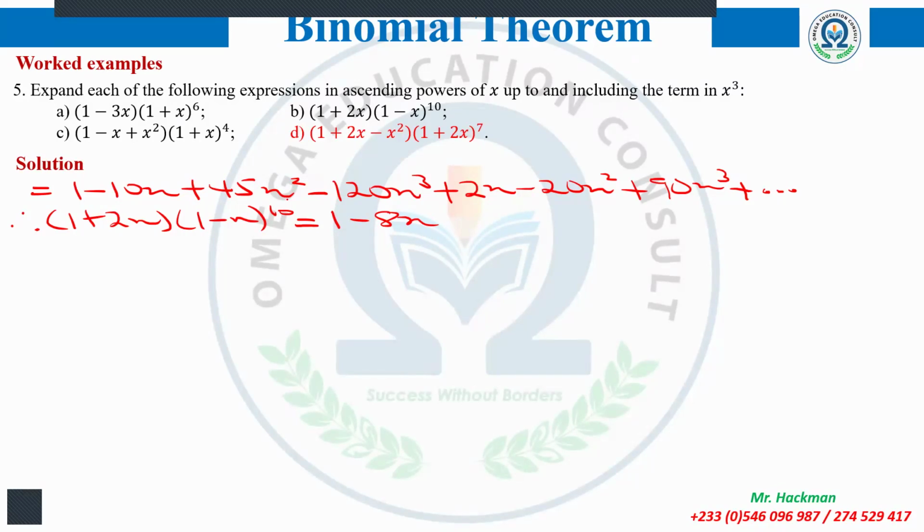Then we come to the x squared term, 45x squared minus 20x squared, and that will give us plus 25x squared. And the x cubed term, minus 120x cubed and plus 90x cubed, will give us minus 30x cubed. Am I right?